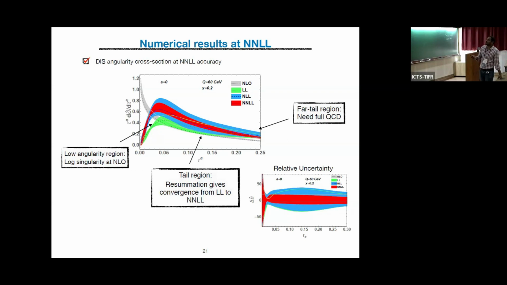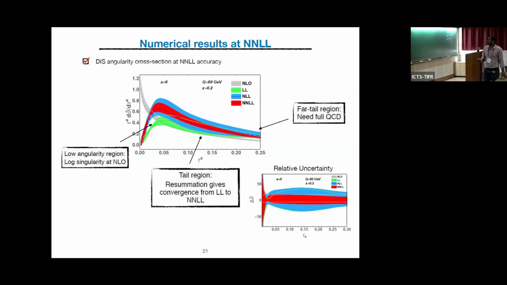If we go to higher order resummation, we get a more precise uncertainty band. We are mostly interested in this tail region, and this is the A equal to 0 result; for A not equal to 0, I'll show later. We are mostly interested in this region for the EIC kinematics.